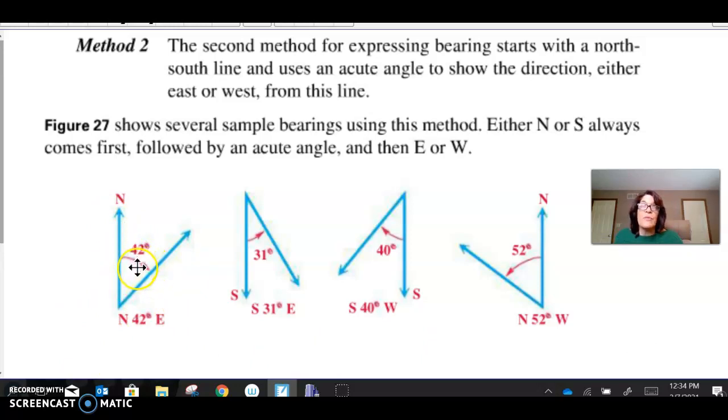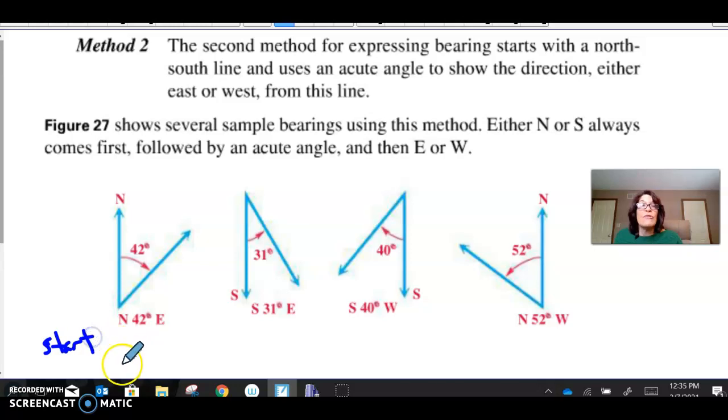Usually if you just see the word bearing 42 degrees, then this is what it is. But sometimes they'll say north 42 degrees east. What that means is start north and go 42 degrees in the east direction. That's what N 42 degrees E means.